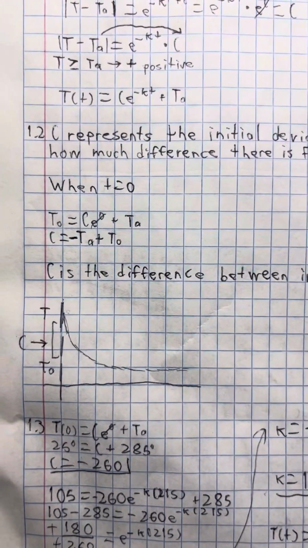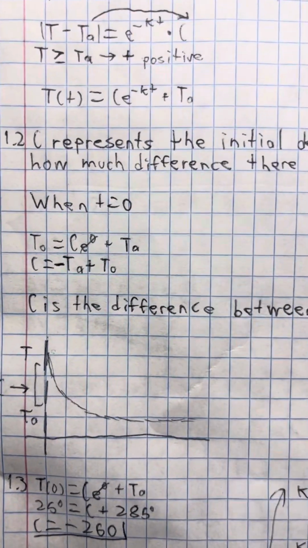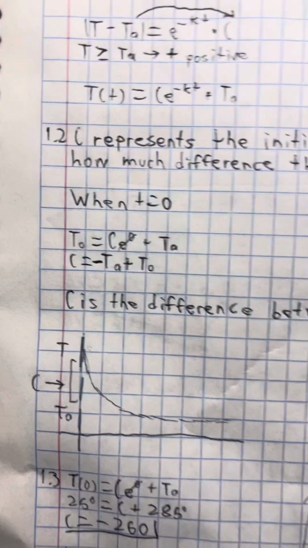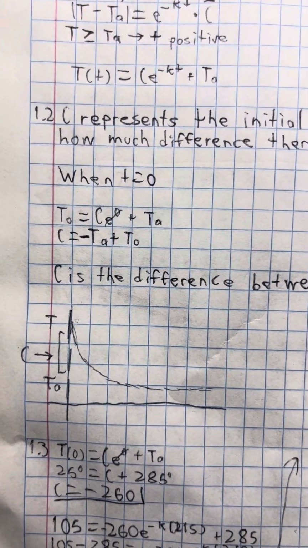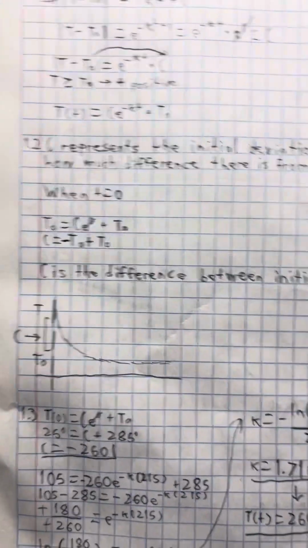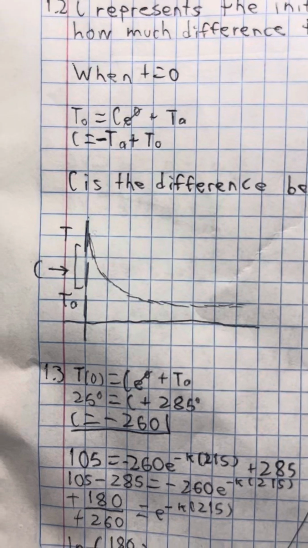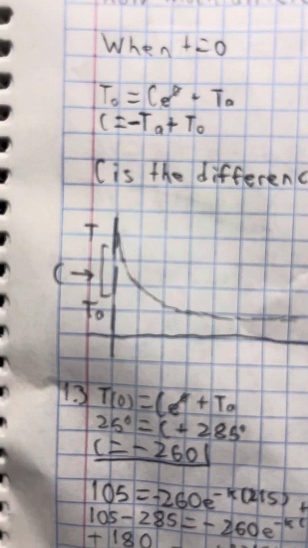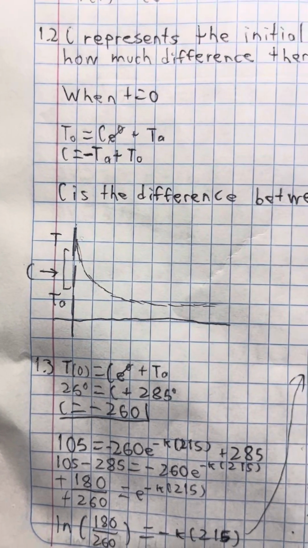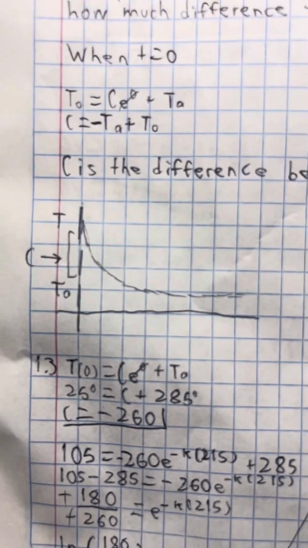Since e to the 0 is equal to 1, you just clear c out, and then you get that c is equal to the initial temperature minus ambient temperature, meaning that c is the difference between the initial and the ambient temperature. If c was a big number, there would be a big difference between the initial temperature and the ambient temperature. If it was a little number, there would be almost no difference, graphically speaking.